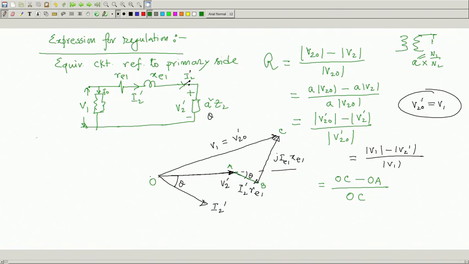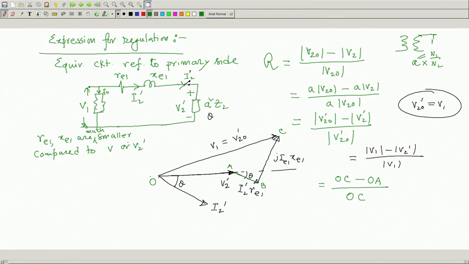You must understand, because it is a well designed transformer, R E X E 1 are smaller. Much smaller. Compared to whom? Compared to these voltages, compared to V 1 or V 2 dashed.